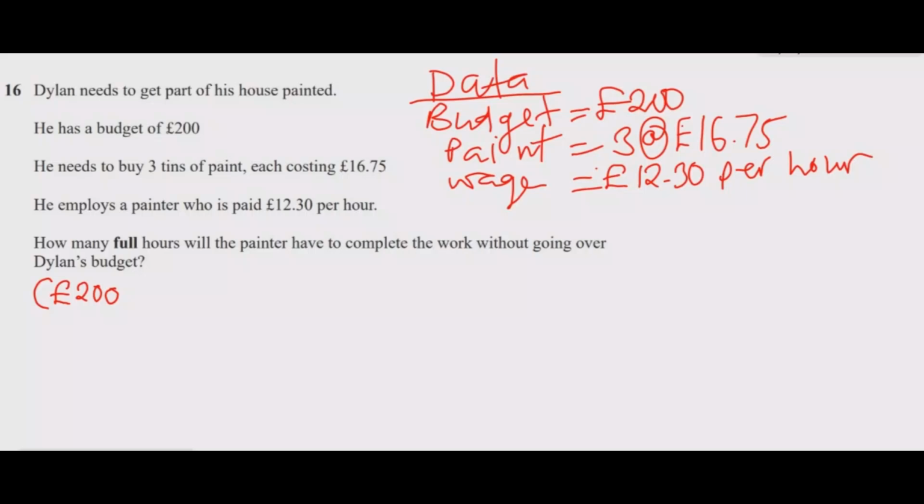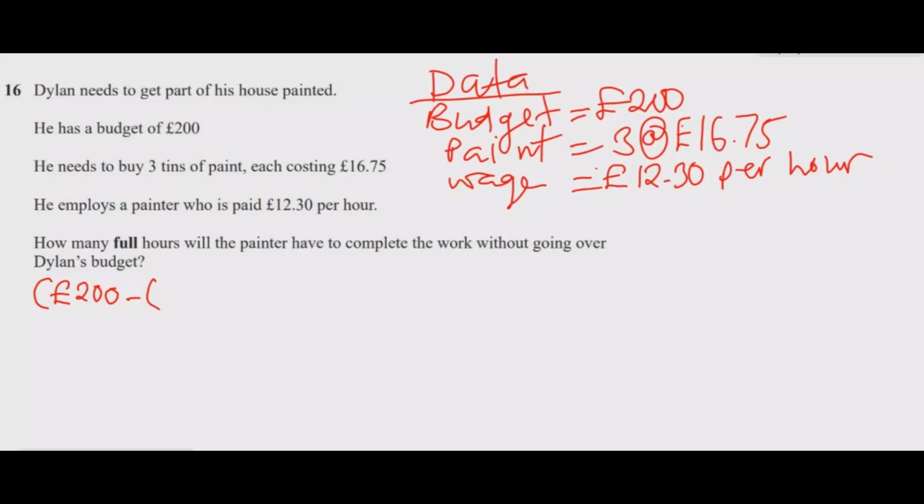Then we say minus, and open another bracket. Now we subtract the money he is going to use to buy paint, because paint has to be available before anything else. Even before talking to the painter, you can check the price and make sure you have the cost of all 3 paints in place.